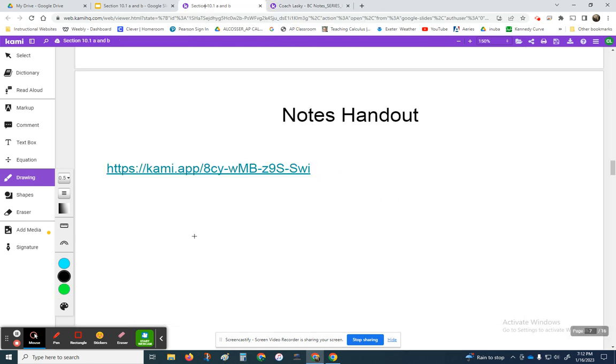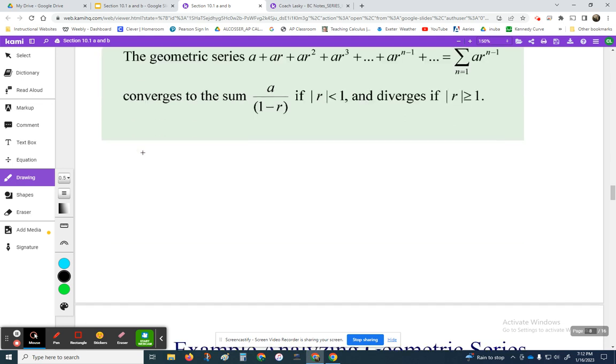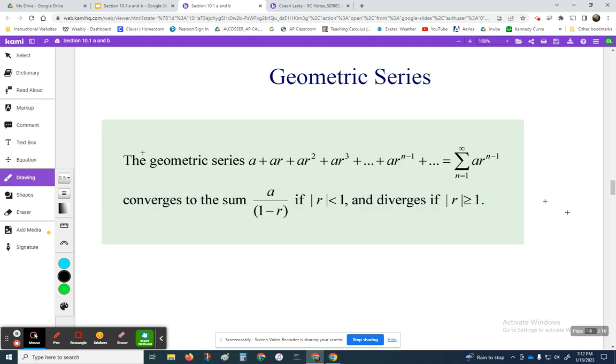So now that I've totally messed everything up, let's see what we got here. We've got our geometric series here, and we have our idea that we have infinity.